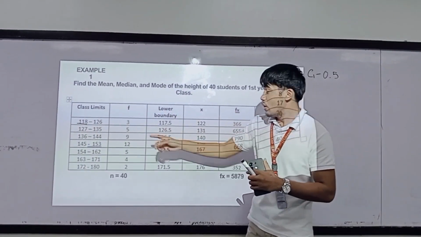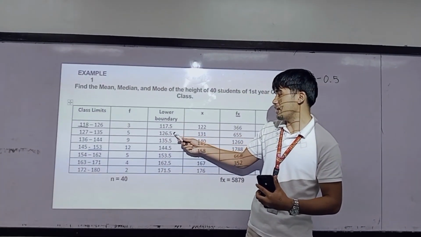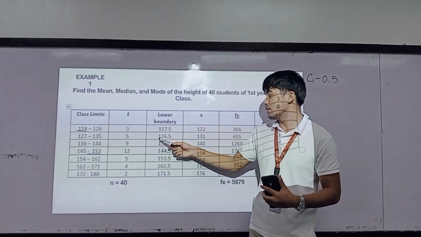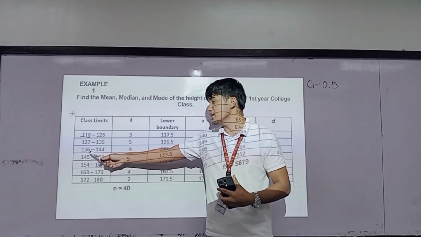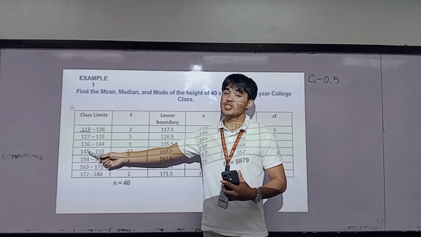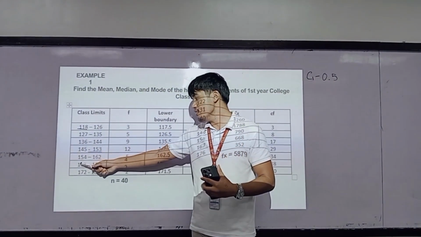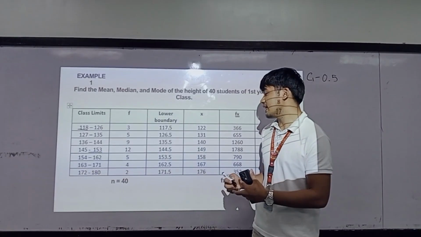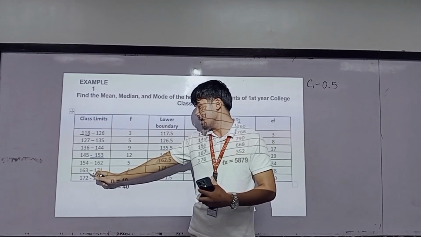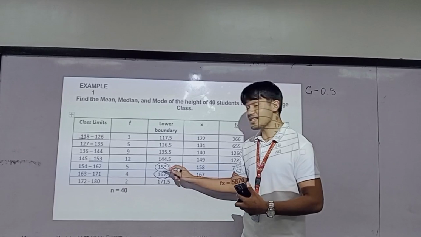So 118 minus 0.5 gives 117.5. 127 minus 0.5 is 126.5. 136 minus 0.5 is 135.5. 145 minus 0.5 is 144.5. 154 minus 0.5 is 153.5. 163 minus 0.5 is 162.5.